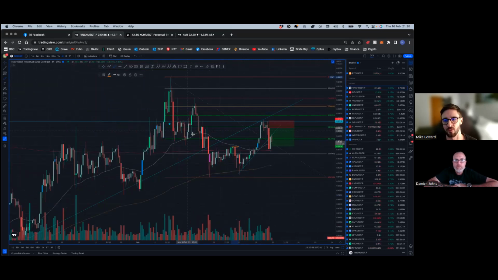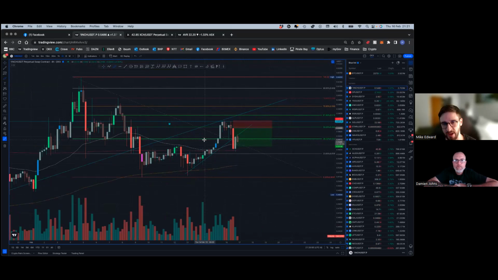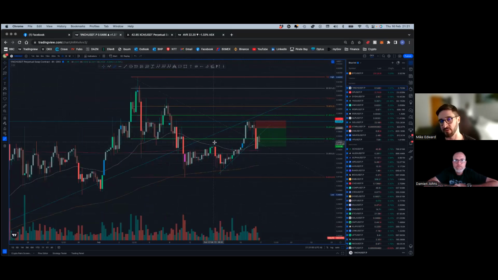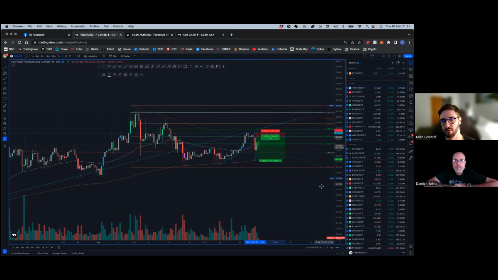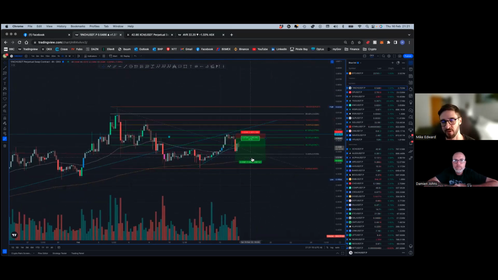Depending on your trade style, I could still be in this trade right now, and I could be targeting this, because this is actually the bottom of the bear flag, which is 140%. That's great: 7% unleveraged, on 20x it's 140%.